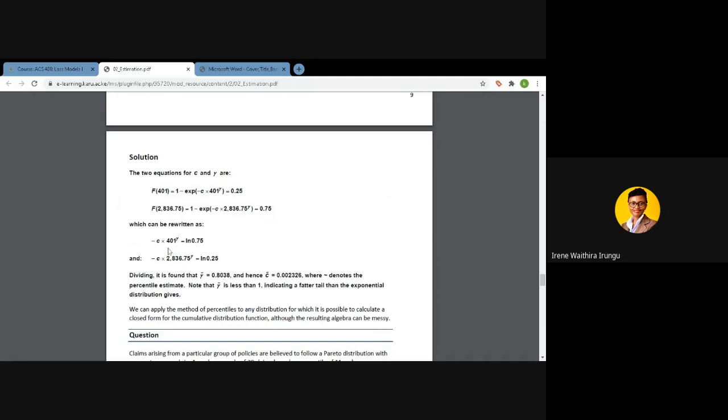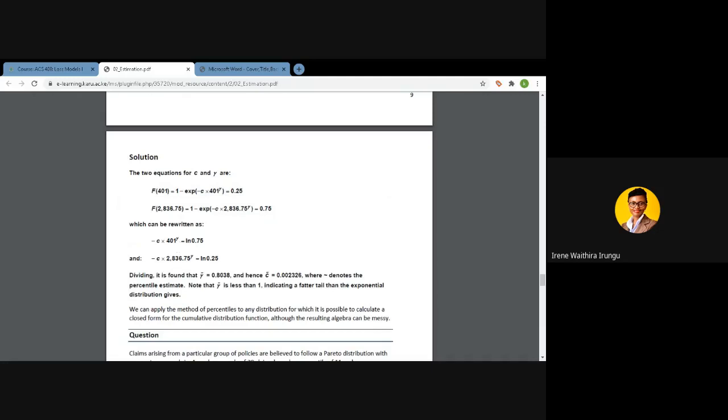If you divide both of them by c, we now want to simplify this further. Because this is actually a product, you'll get rid of the c, and then you can now solve for gamma.